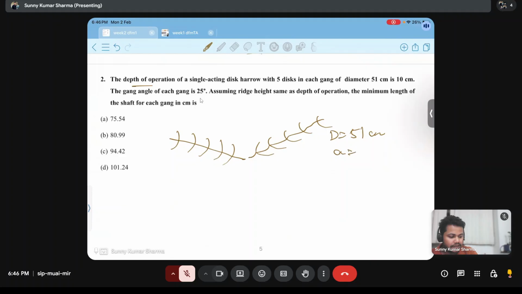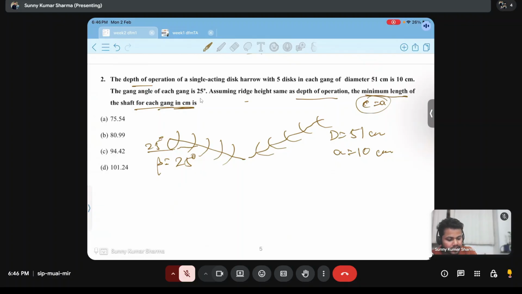Depth of operation a is 10 centimeter. Gang angle is 25 degree, beta equal to 25 degree. Assuming ridge height is same as depth. Ridge height we denote as C, but in this case we are taking C equal to A. So ridge height is same as depth of operation. The minimum length of shaft for each gang in centimeter will be.